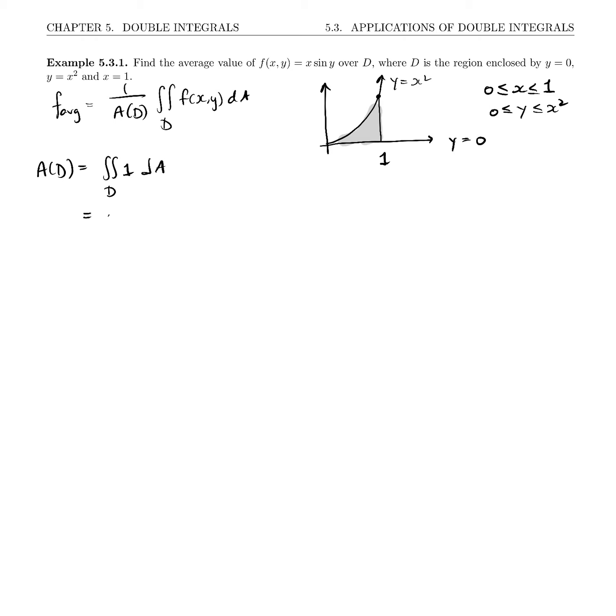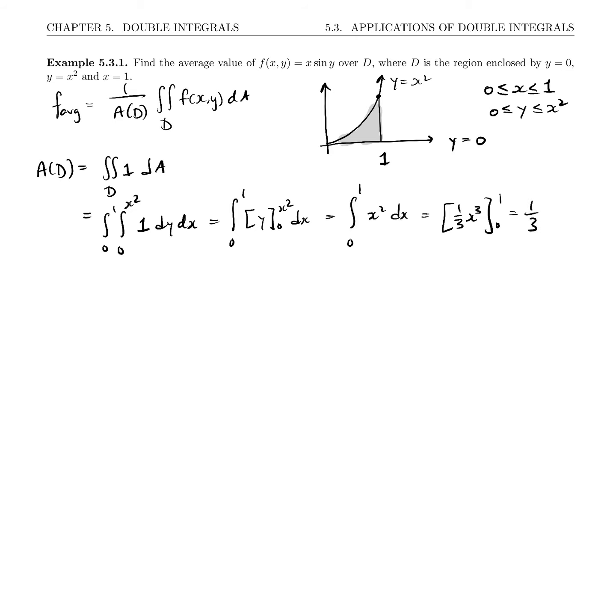So we can write that as the integral from 0 to 1 of the integral from 0 to x squared of 1 dy dx, which is the integral from 0 to 1 of y from 0 to x squared dx, which is the integral from 0 to 1 of x squared minus 0, so I'll just write x squared dx, whose antiderivative 1/3 x cubed from 0 to 1 gives us 1/3 minus 0, or 1/3.